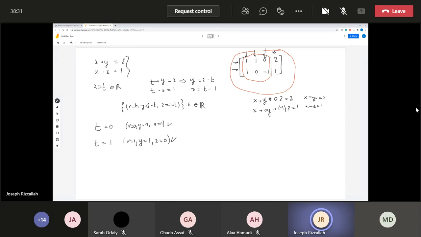In other words, every system of equations is equivalent to an augmented matrix. The number of rows in the augmented matrix is equal to the number of equations, and the number of columns is equal to the number of unknowns plus the right-hand side. So, for example, here I can see 4 columns. This is because I have 3 unknowns, x, y, z, and I have the right-hand side.